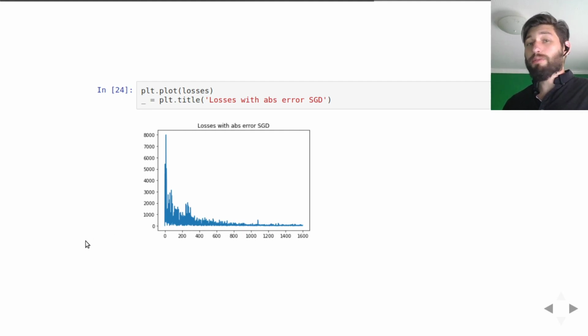So for some reason, stochastic gradient descent with this absolute deviation loss, absolute error loss, is actually working quite well. And there was nothing that told me that this is what was going to happen. It was just something that I had experimented with in some sense.